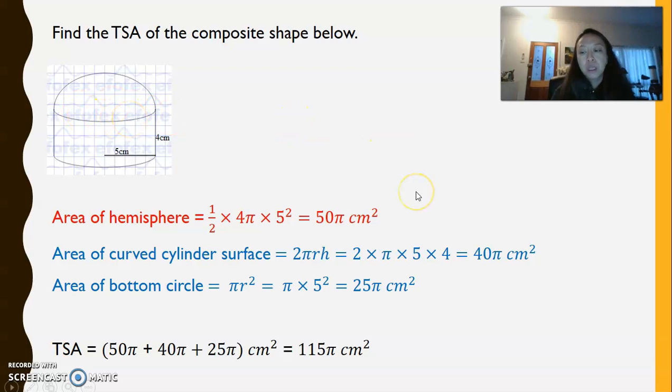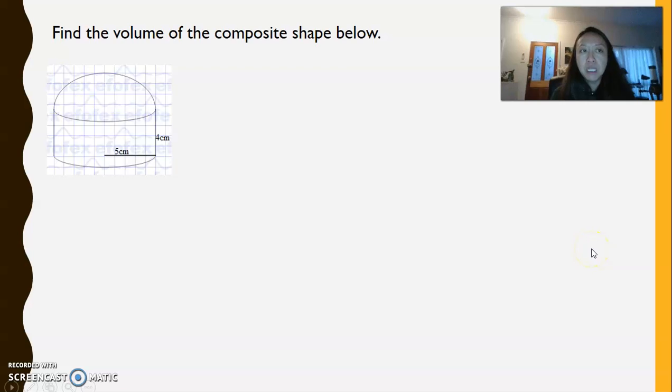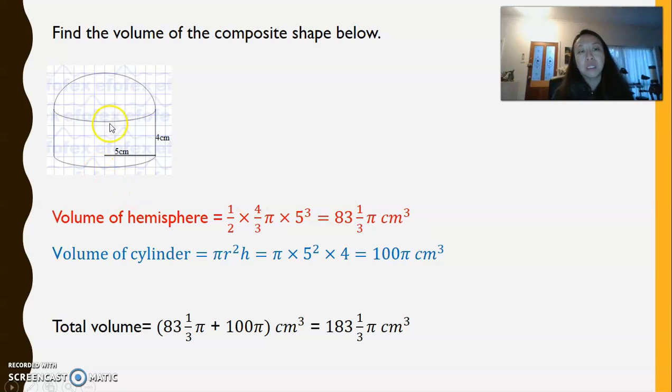The last bit is we have to find the volume of the composite shape below. Considering this is a hemisphere, we have to half the formula for the volume. So it's going to be half times 4/3 pi r cubed. If we put this in the calculator, this gives us this value over here.